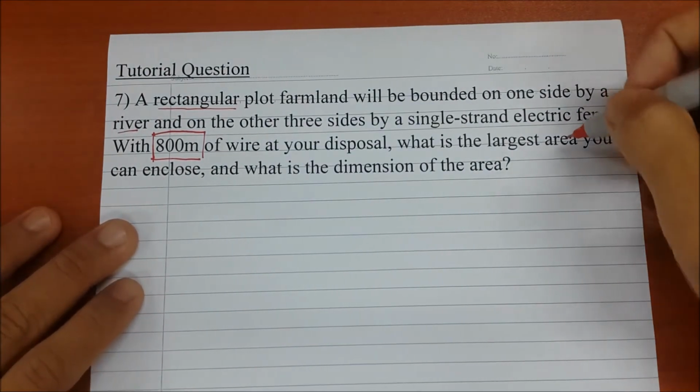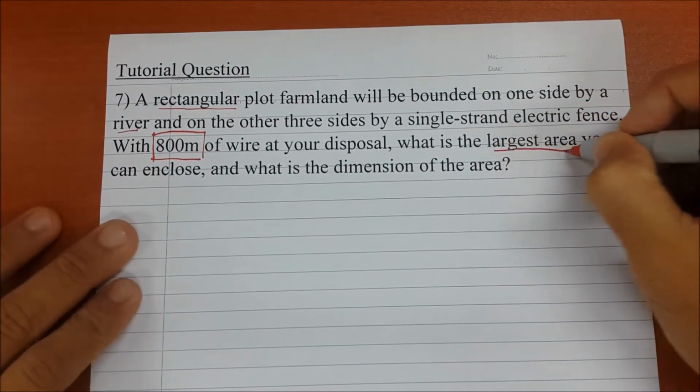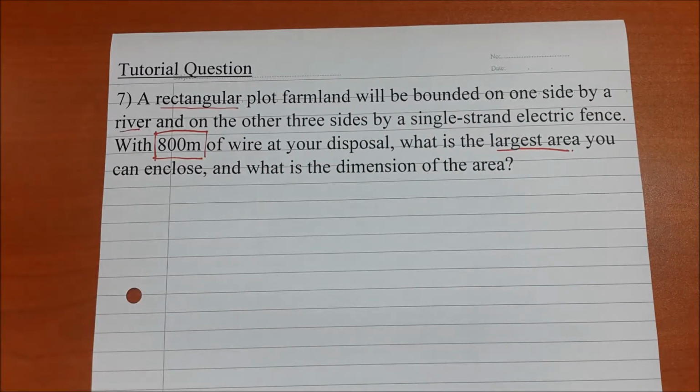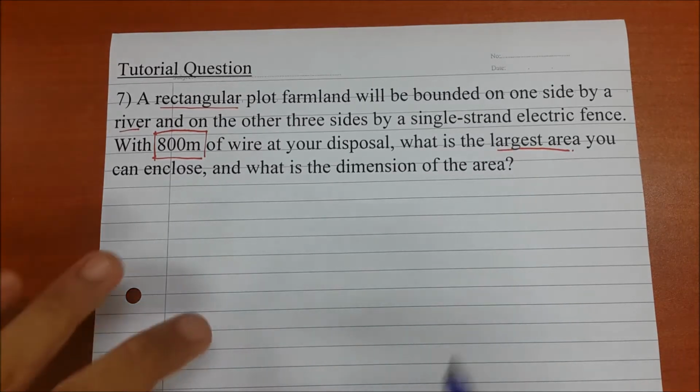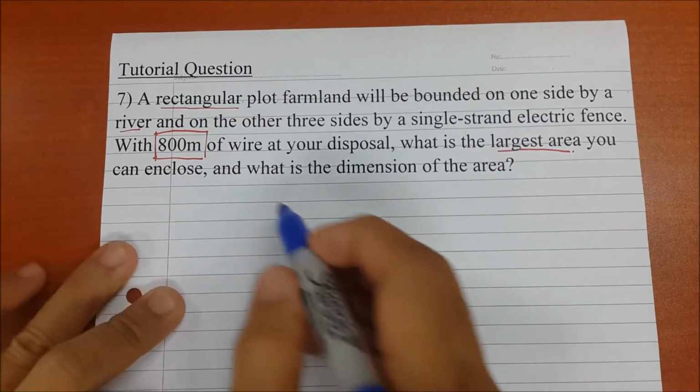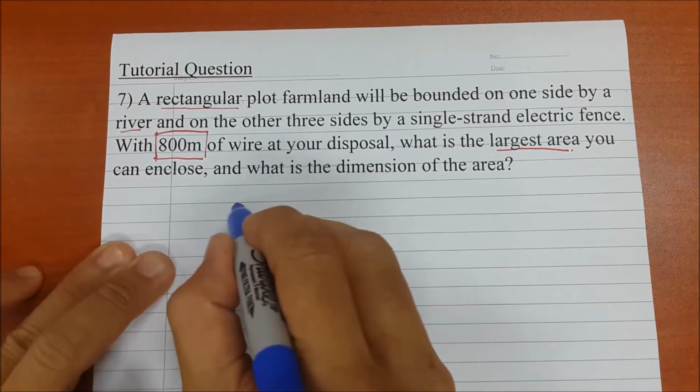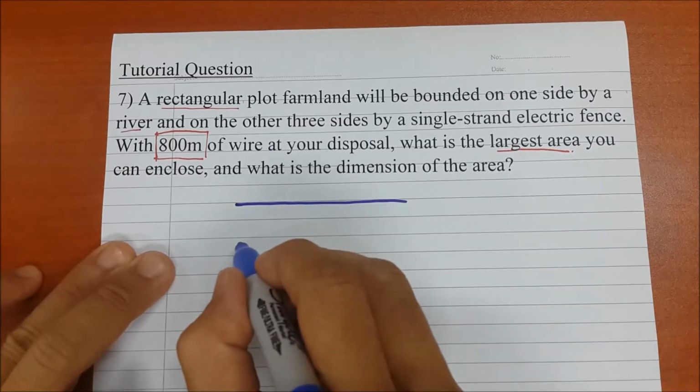So what largest area? Alright, so first of all we need a diagram, right? A diagram of the farmland. One side is bounded by a river, so let's have a river there.